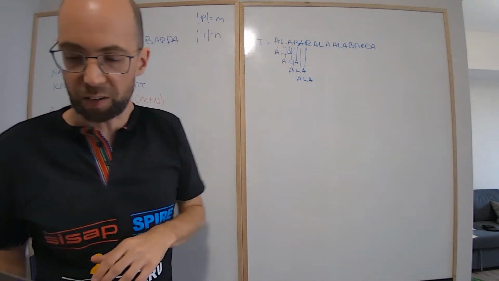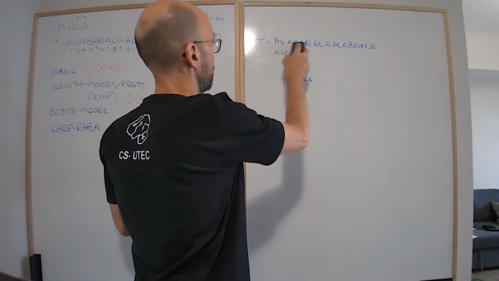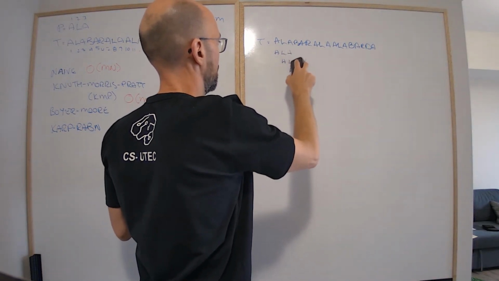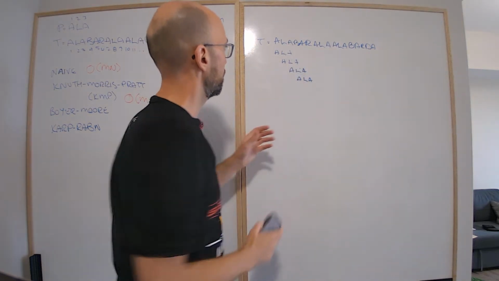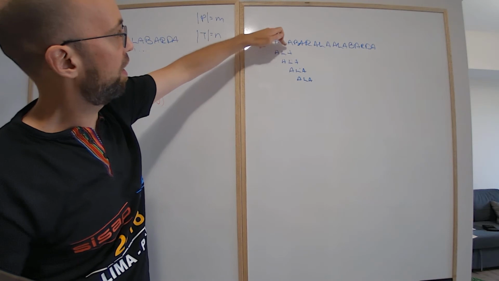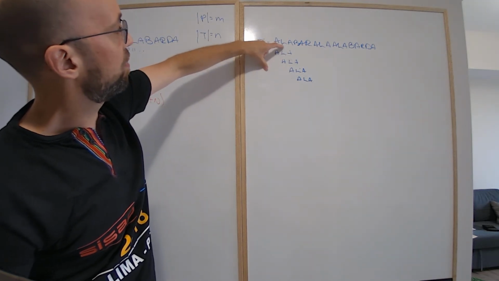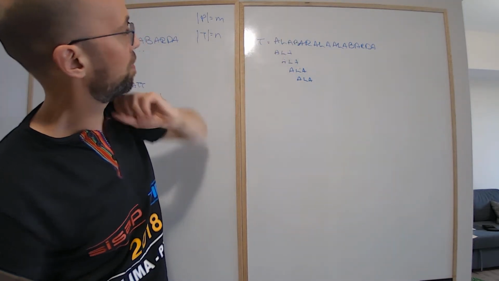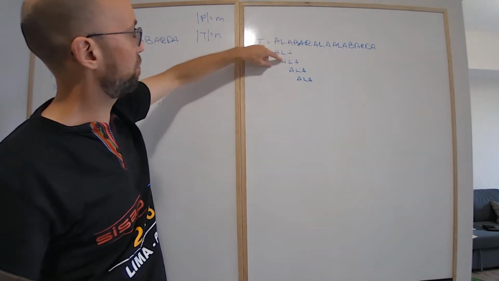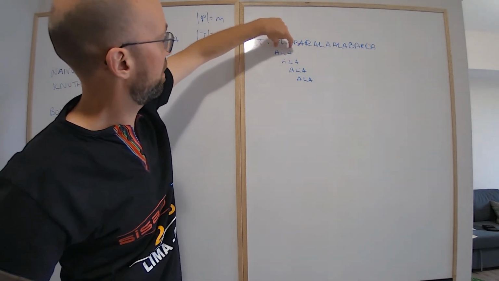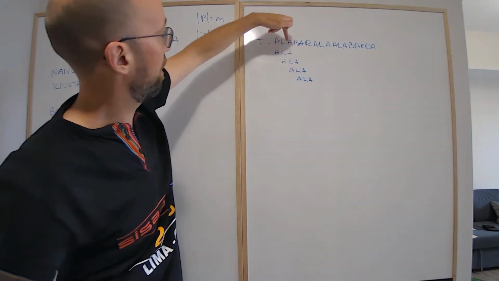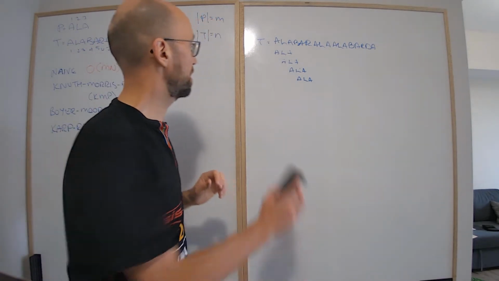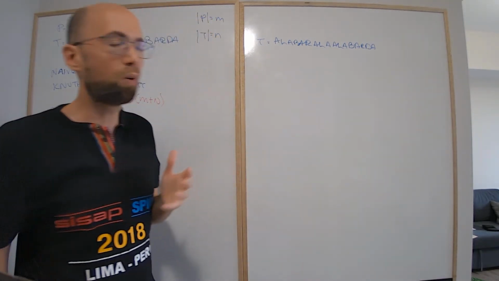Whereas what you can think of KMP as doing is you're still sliding the pattern along, but now you're not doing all of these comparisons, because you're just saying, okay, A, L, A, then you know that this is wrong, so you keep sliding the pattern along because this is an L and it doesn't match an A. Then you read the B and now you read the A. So KMP still works from left to right.